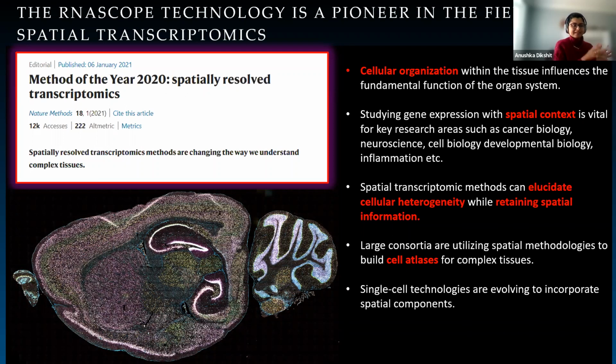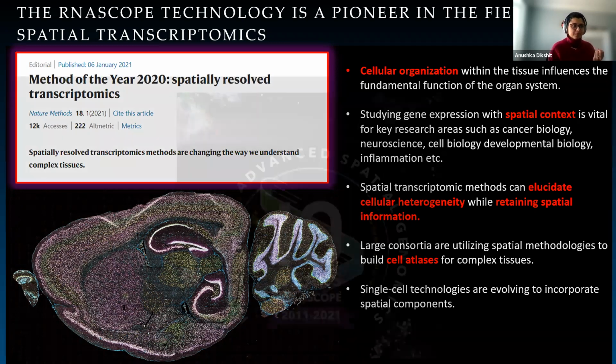But once we have identified new cell types through these technologies, it's important to understand how they sit within the tissue in a spatial context. And so a lot of the times before we are confident about these cell types, it is important for us to visualize them in a tissue context to better understand their function. And so a lot more of these single cell based technologies are now incorporating a spatial component to their platforms.